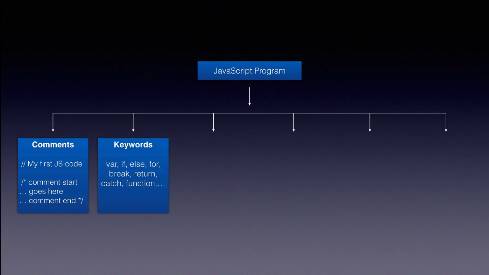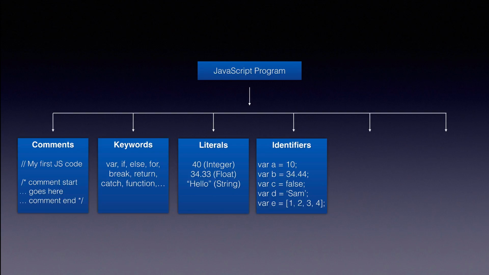Keywords. Keywords are reserved words and have standard and predefined meaning. Literals. These are items whose values cannot be changed during the execution. There are integer literals, floating point literals, and string literals. Identifiers. These are the names given to various program elements such as variables, functions, and so on.